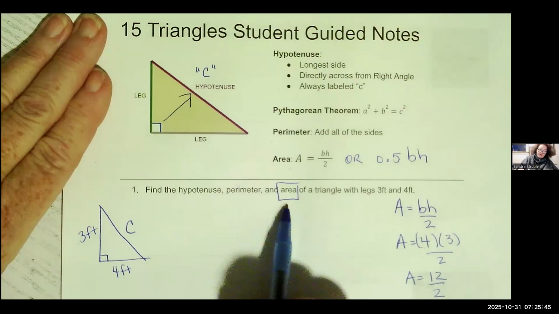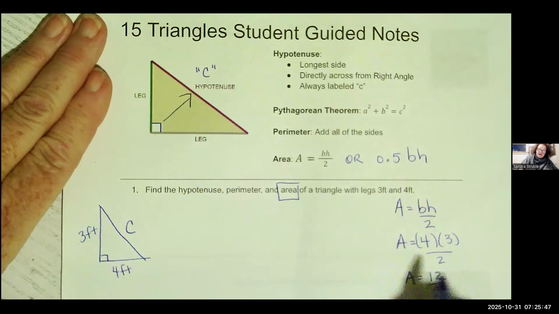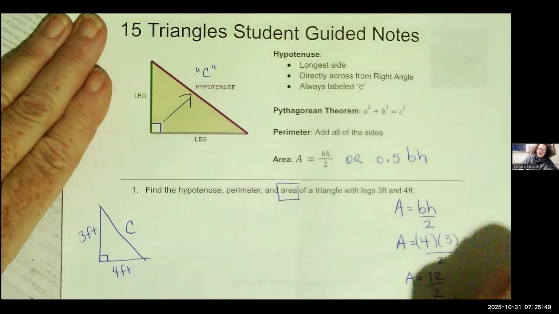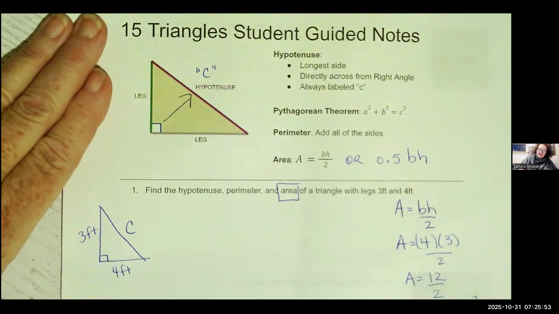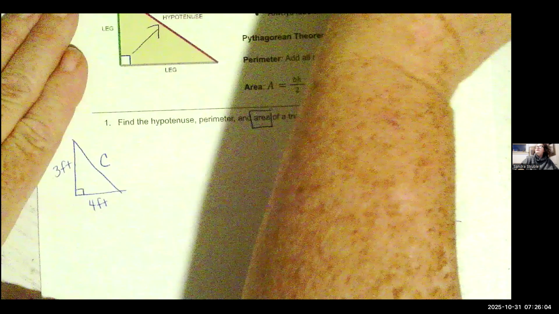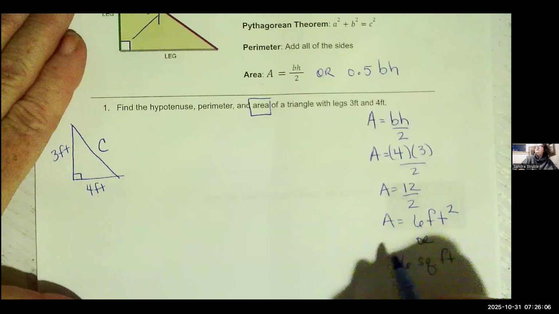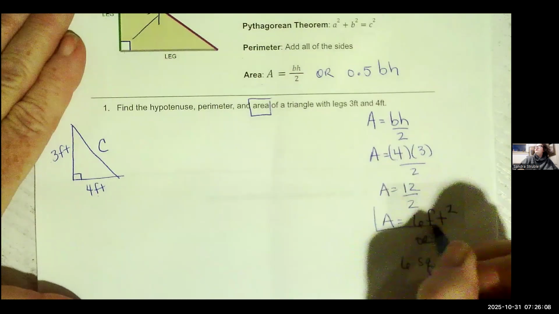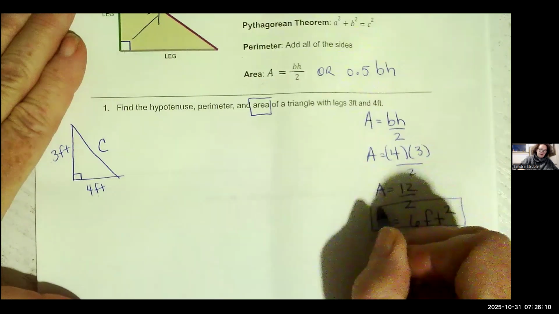So it is 6 feet, but it's not just 6 feet, it's 6 feet squared. You can write 6 feet squared, or you can write 6 square feet. Totally your call. Oh gosh, I'm too far down. Totally your call. You make the decision of what you want to call it, but the most important thing is that you square your unit.